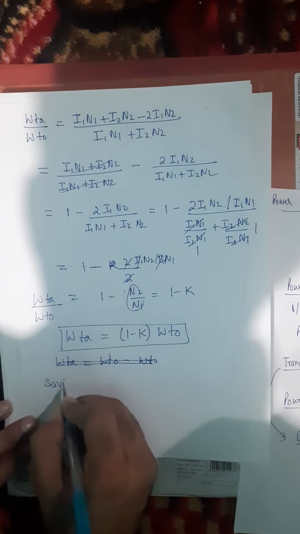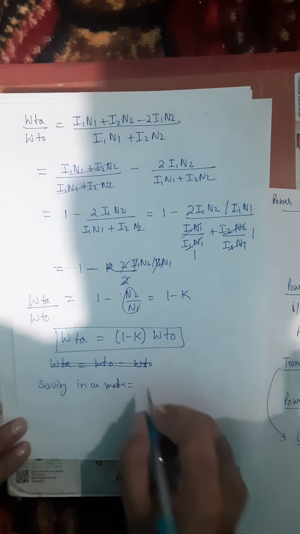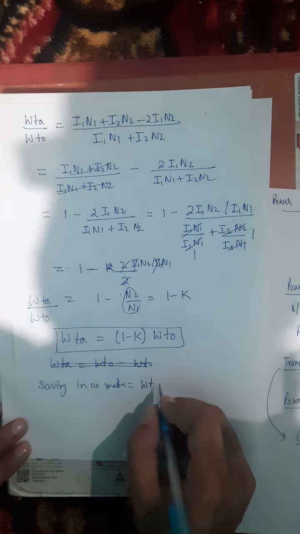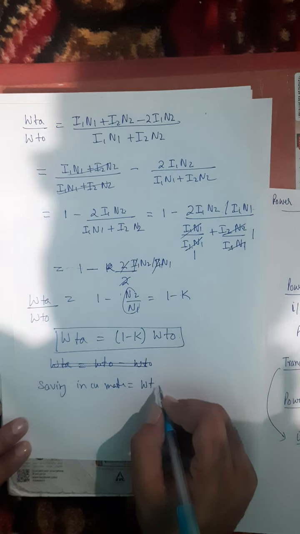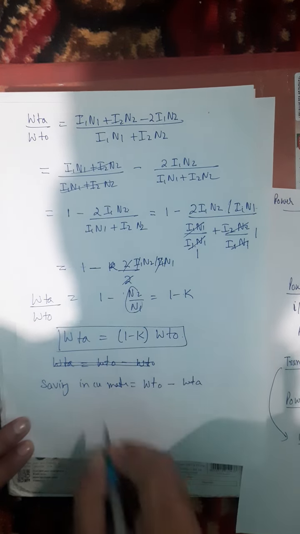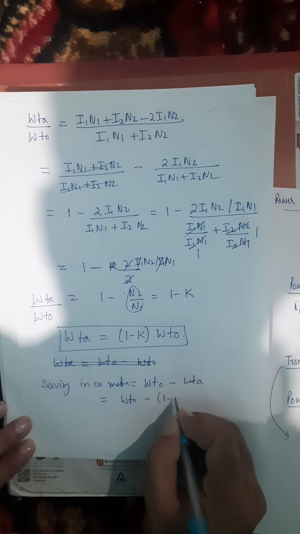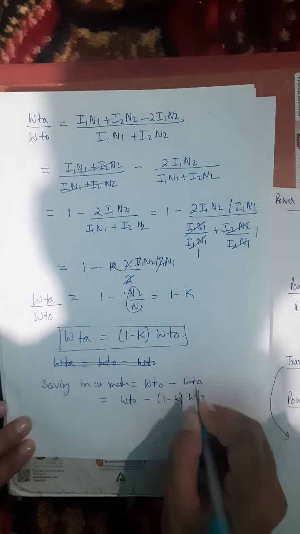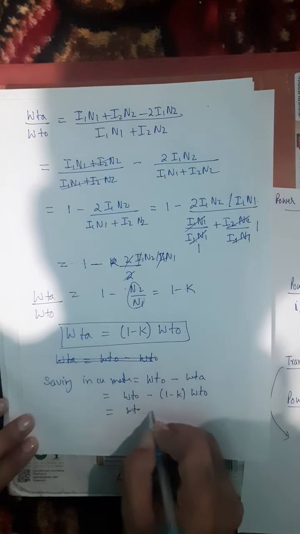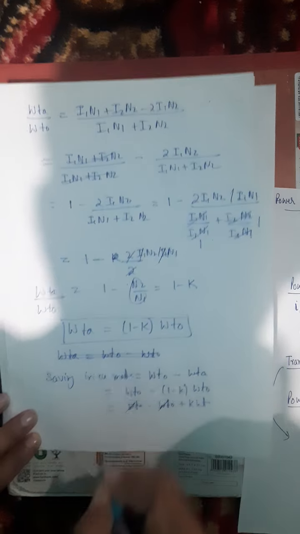So saving in copper material is equal to the weight of the copper required in the ordinary transformer minus the weight of the copper required in the auto transformer. So it is WTO minus (1 minus K) times WTO, which is WTO minus WTO plus K times WTO.